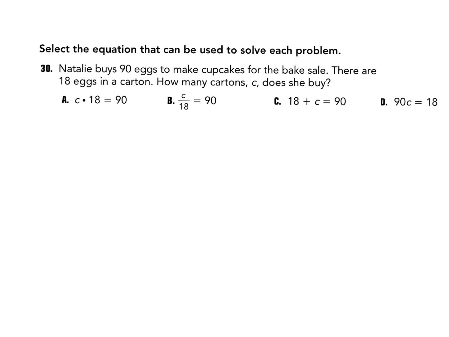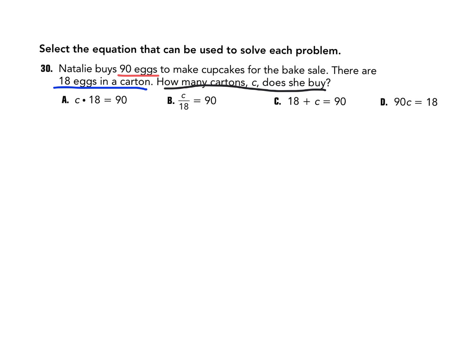Number 30, select the equation that can be used to solve each problem. Natalie buys 90 eggs to make cupcakes for the bake sale. There are 18 eggs in each carton. How many cartons C does she buy?